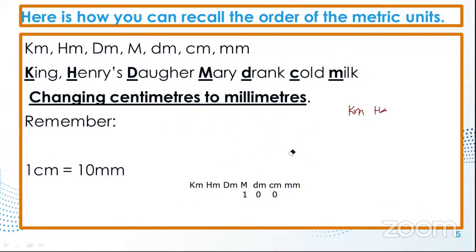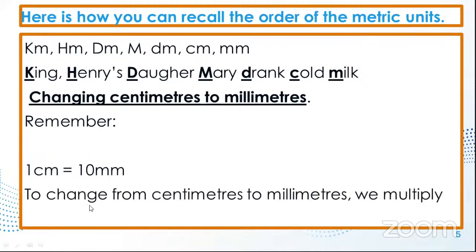So therefore, only 1 centimeter gives you 10 millimeters. How about if I have 2 centimeters? What will I get? So this means to change from centimeters to millimeters, we multiply.